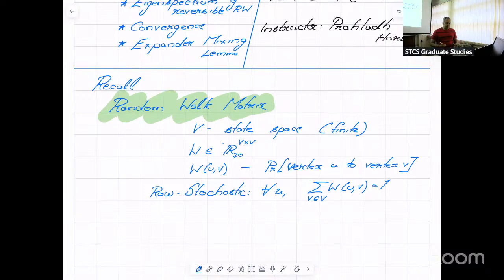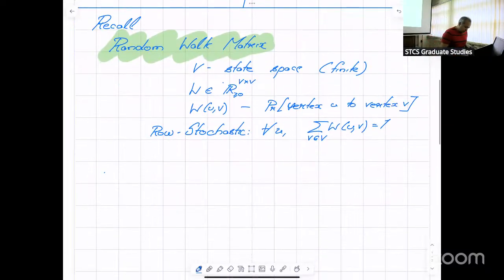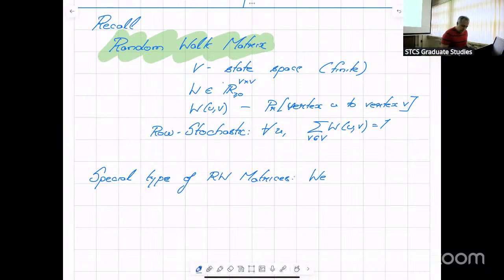The random walk matrix. A special type of random walk matrices are those that come from weighted undirected graphs. More generally, they come from weighted directed graphs.